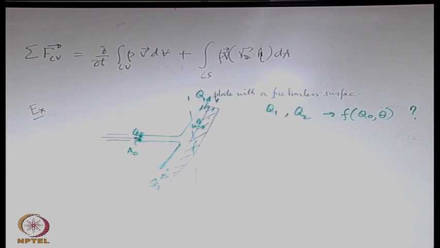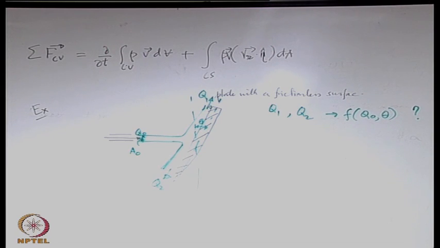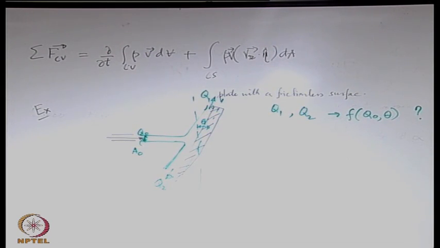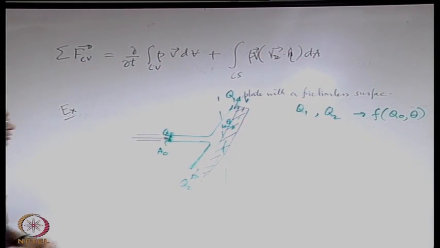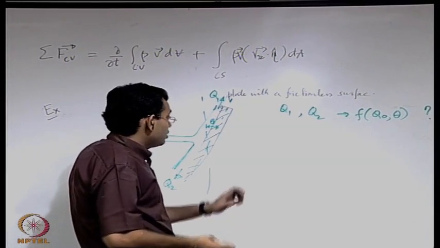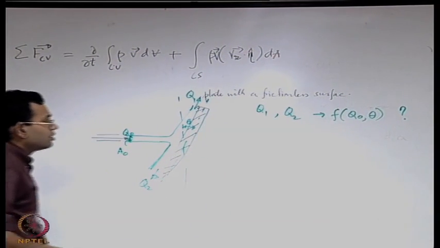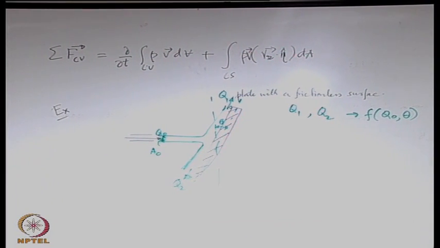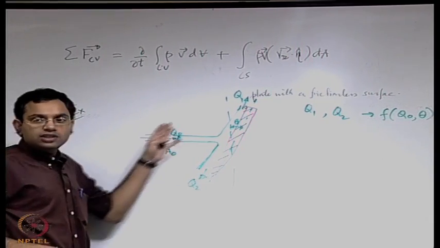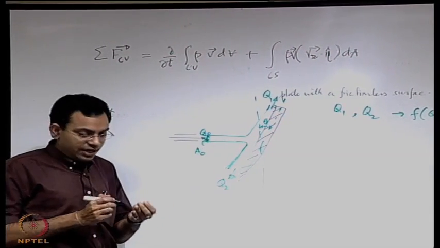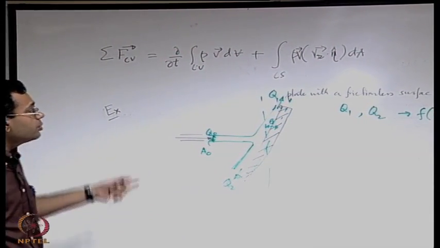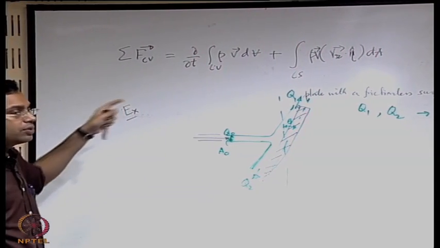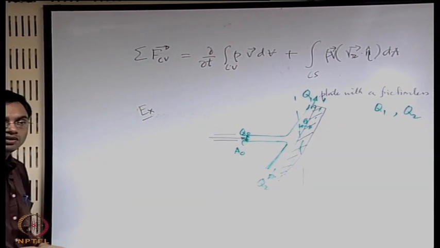To do that, one important thing that we should not forget, that mass conservation is always applicable and we should try to apply that, not that whenever we are trying to apply a momentum conservation, mass conservation is insignificant, not like that.